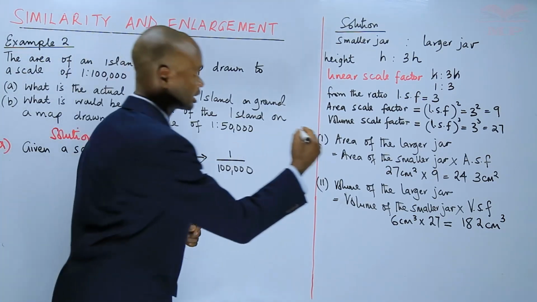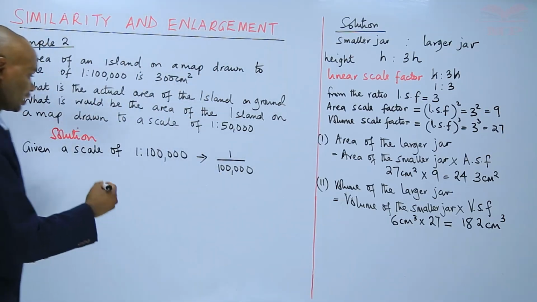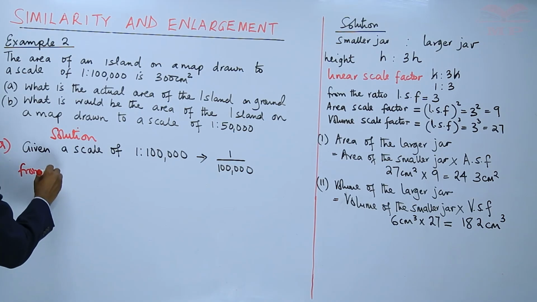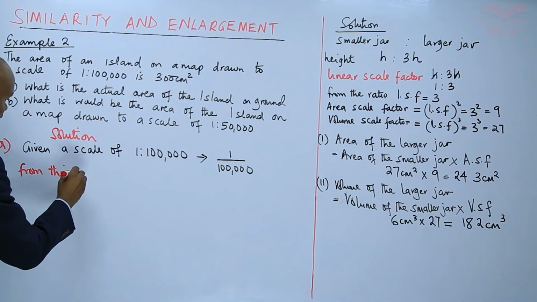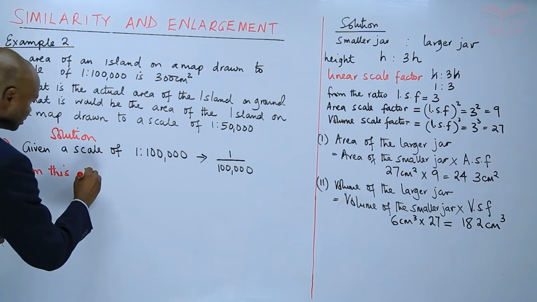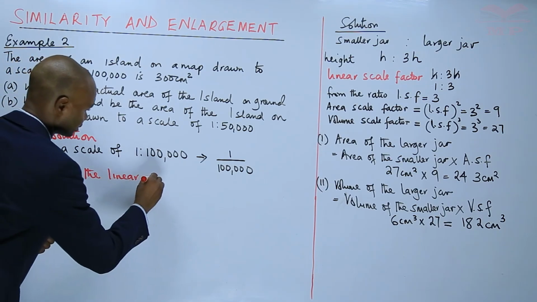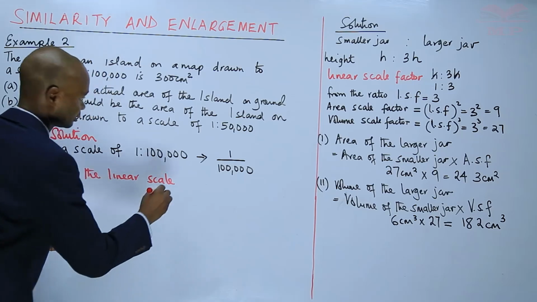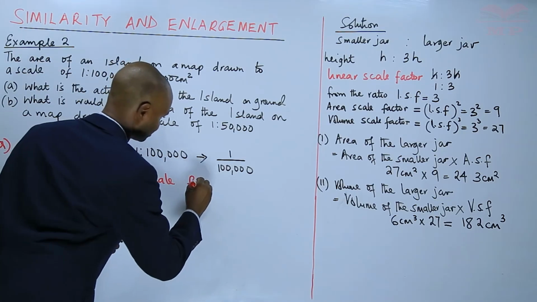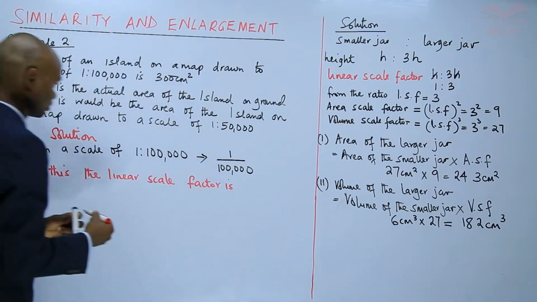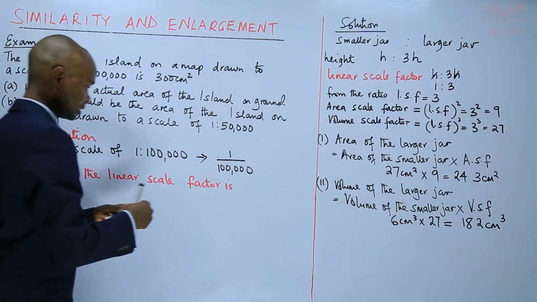And that actually gives us the linear scale factor, which is 100,000.